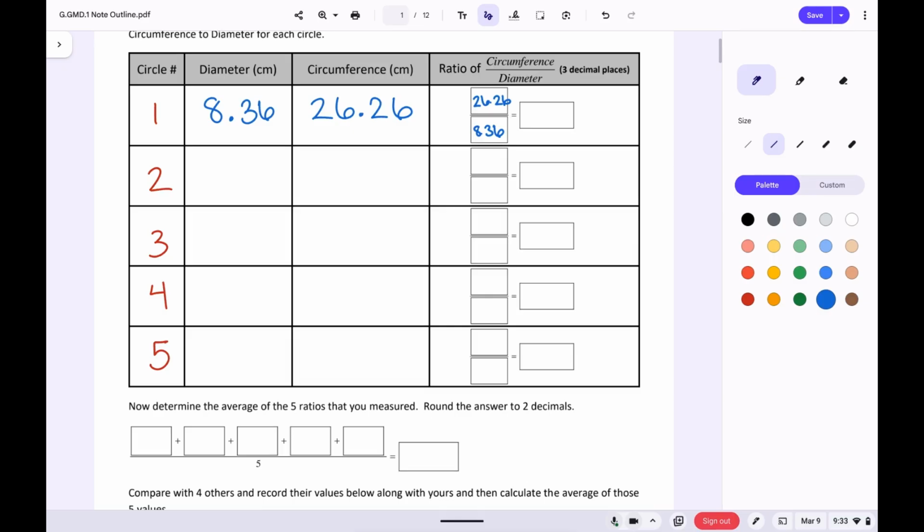Once you've got all your numbers taken care of, you guys can close your computers because we won't need them for the rest of class.